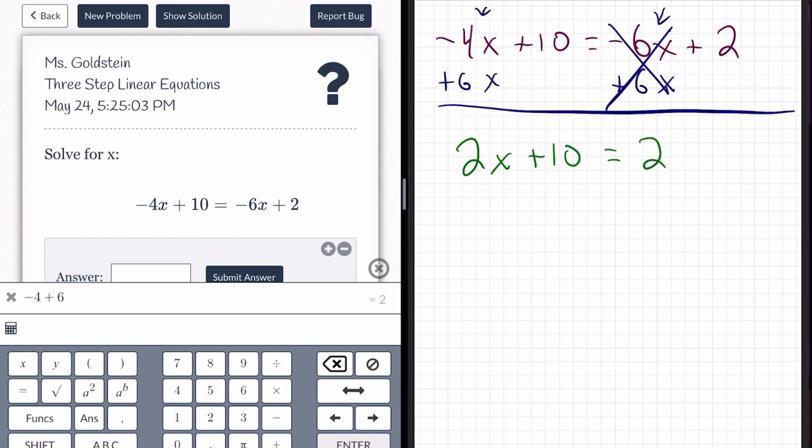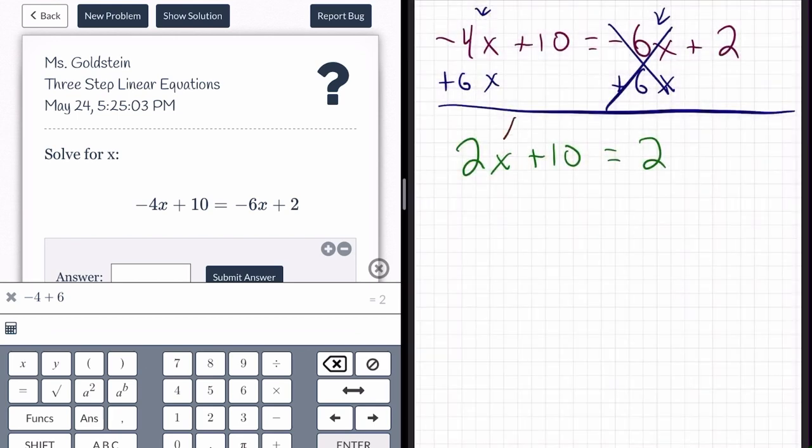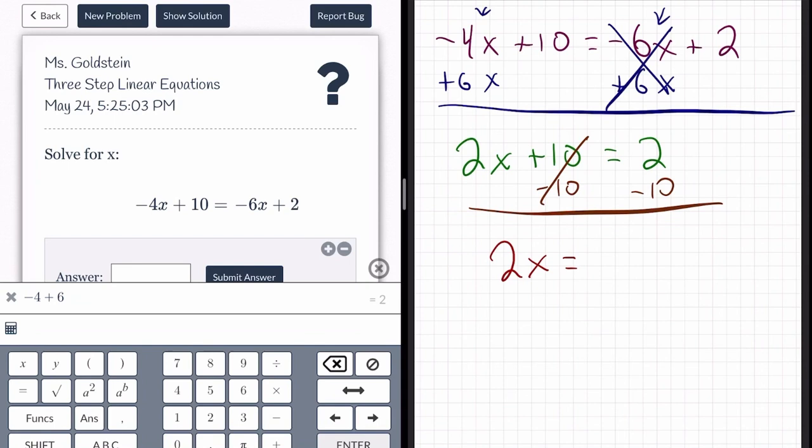Now this is just a two-step equation. I want to get x by itself. The number furthest away is that plus 10. The opposite of plus 10 is minus 10. Both sides. Cancel out the opposites. Bring down whatever you didn't touch, which is 2x equals, and 2 minus 10 is negative 8.